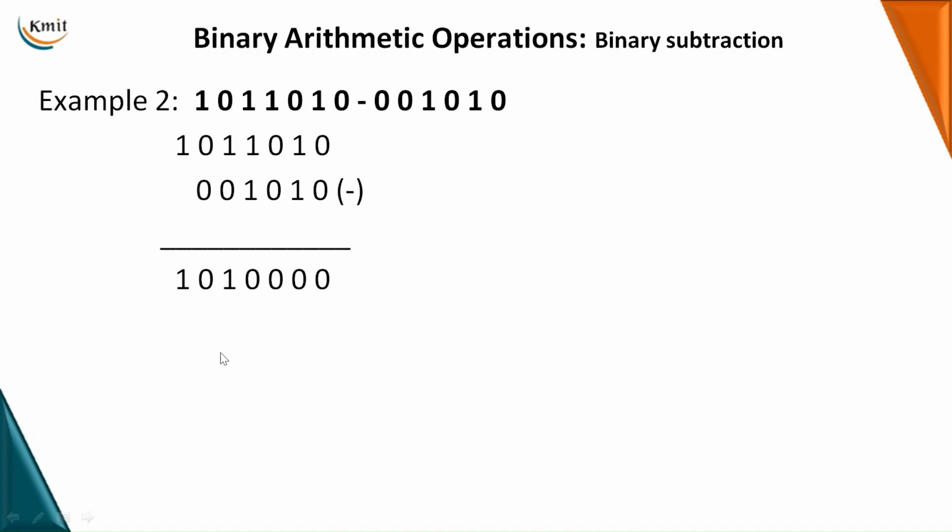So let's take one more example. 10 minus 001010. Let's see how to perform a subtraction. So here 0 minus 0. So 0 minus 0 is 0.